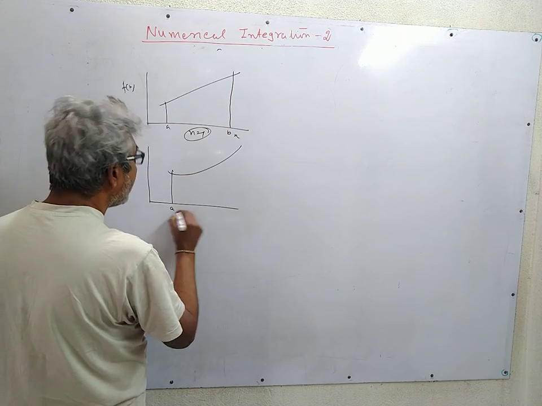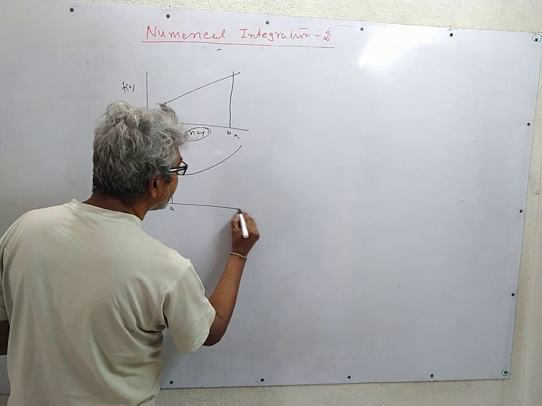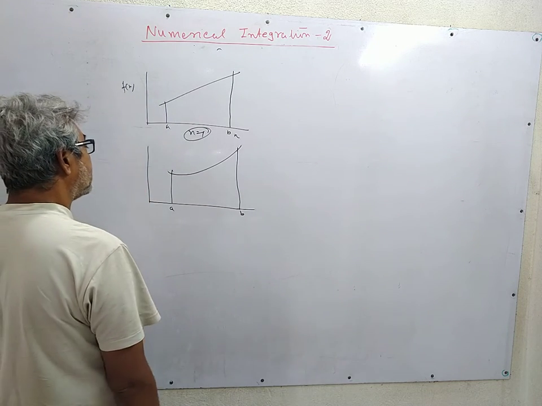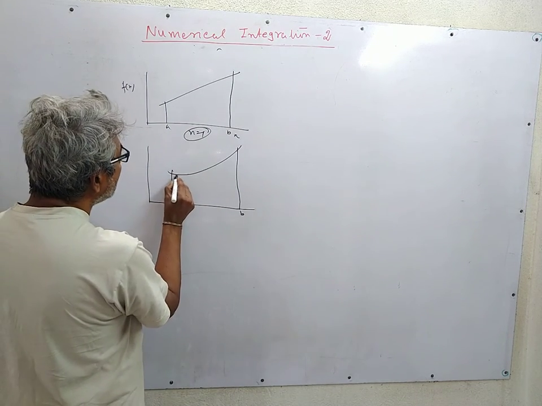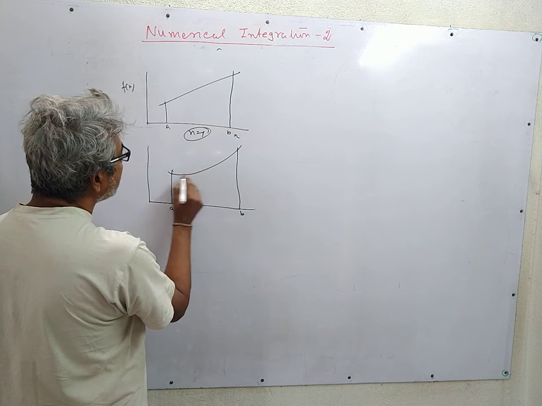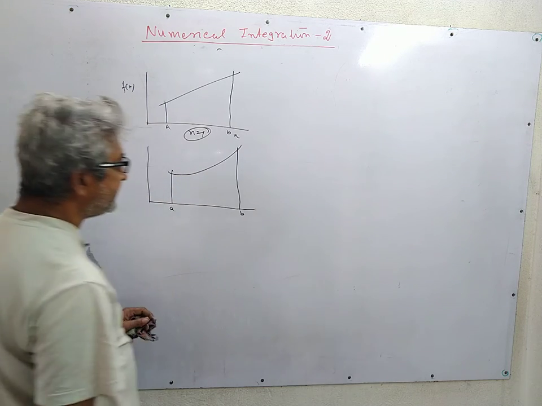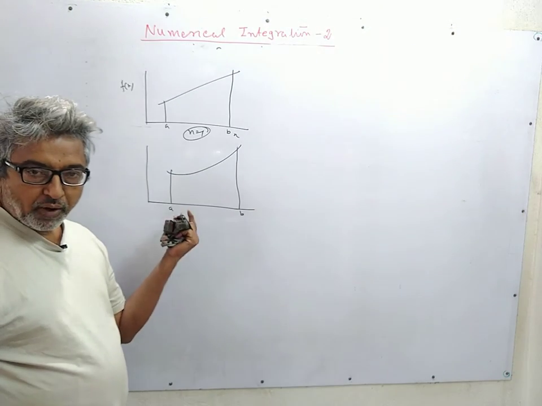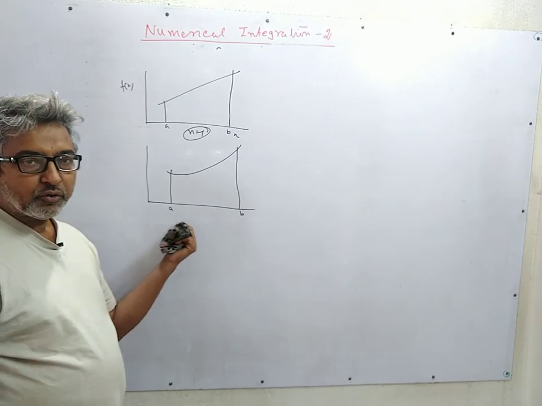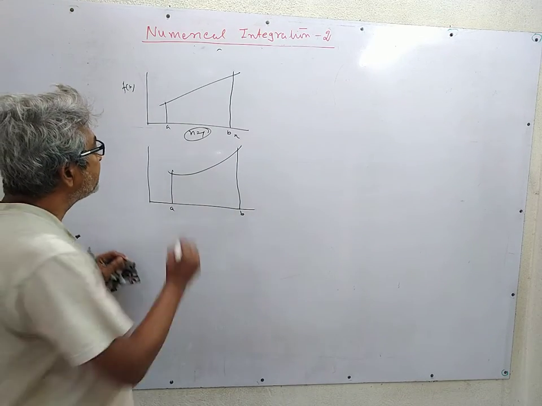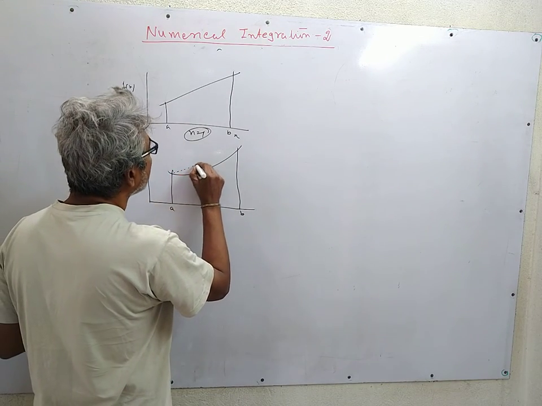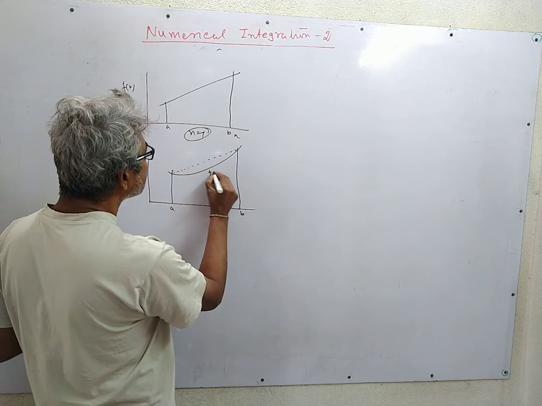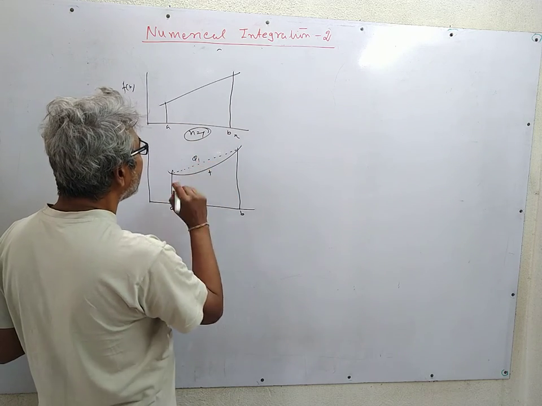On the other hand, if the integrand is in the form of a parabola, and we want to integrate it by trapezoidal rule, then we are to replace the parabola by segments of straight lines. So in general, a good number of points will be required to estimate the value, because if we first approximate it by the 1-point trapezoidal rule, the original function f of x will be replaced by phi 1.